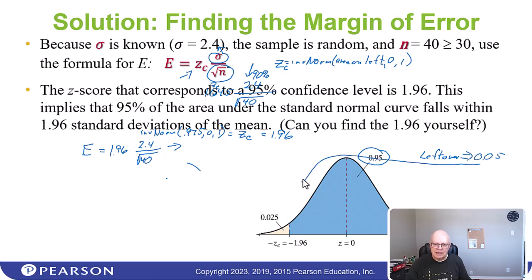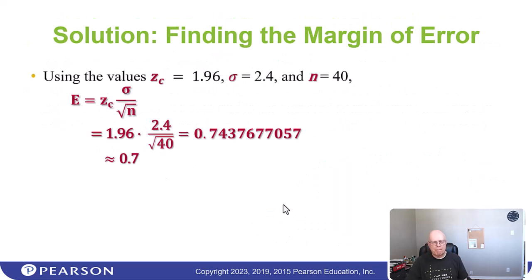And that's split between the two sides. So you put 0.05 divided by 2. And so each of those tails has an area of 0.025. And there you've got it on the picture.